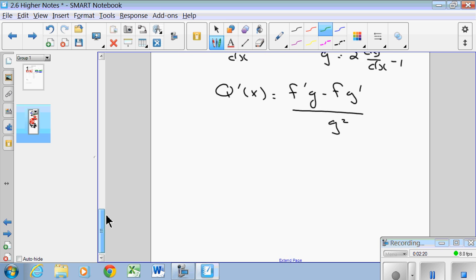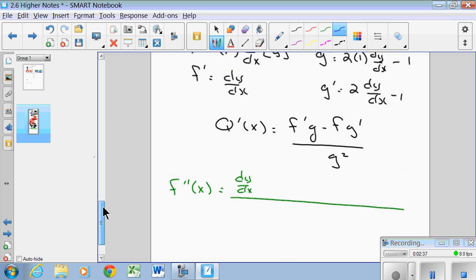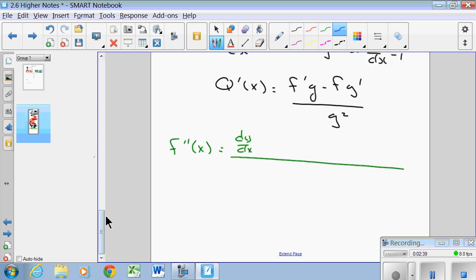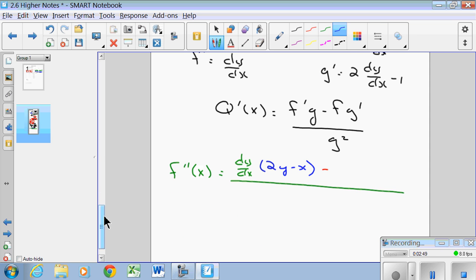f prime is dy/dx. So our second derivative for our function is going to start off with f prime, dy/dx, times our denominator, our g function, which in this case is 2y minus x. And then we're going to subtract from this expression our f function, which is just the value y.